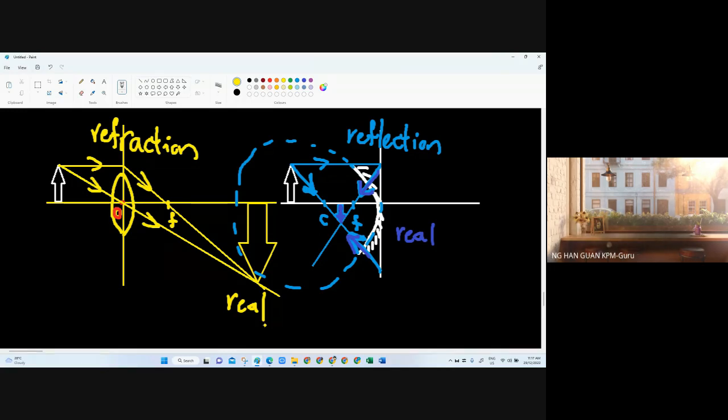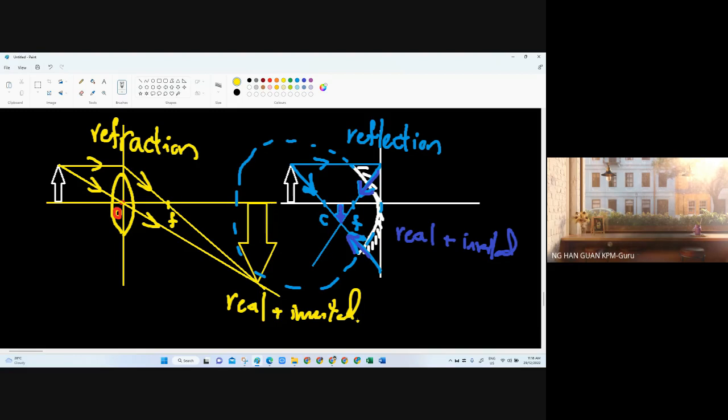When students learn about same side or not, they actually get confused. But if you understand based on the phenomena of the light, for the mirror it is reflection: hit and reflect. So when the image forms in front of the mirror, we call it a real image. But the characteristics are still the same. When it's real, real is always inverted. Remember, real is always inverted. So that is how we apply the drawing.